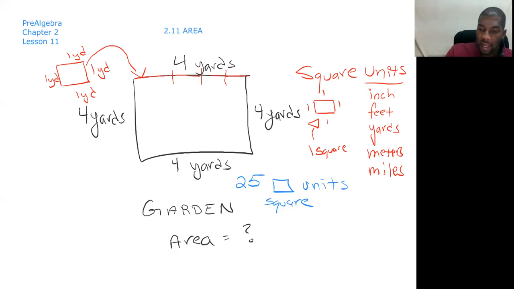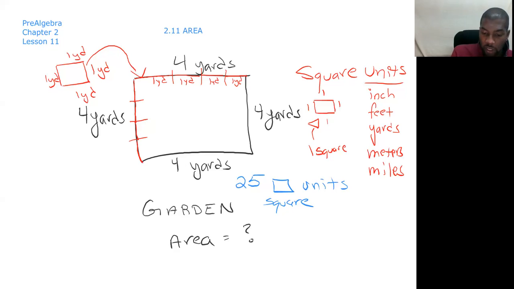There we go. And each of these is 1 yard, because we're going to create squares with each of these. And then how far down does it go? Well, it goes down 1 yard, 2 yards, 3 yards, 4 yards.